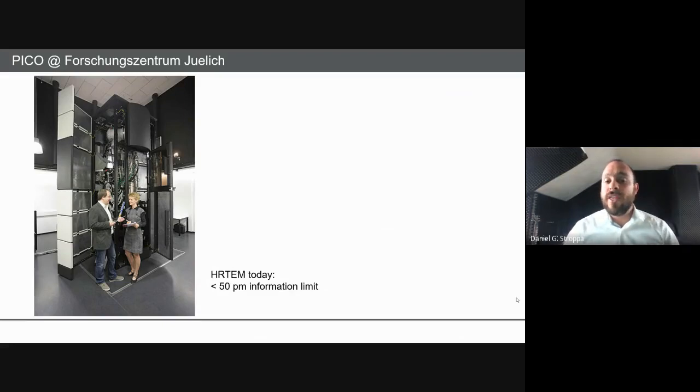Okay, thank you. So then here is where TEM is today. This is the most advanced there is nowadays. It's a system in Germany, and there is one in the US, that can get information transfer better than 50 picometers. And this is an image that I took on that system during my postdoc in Jülich. This is the reconstruction of the wave function to analyze local potentials.